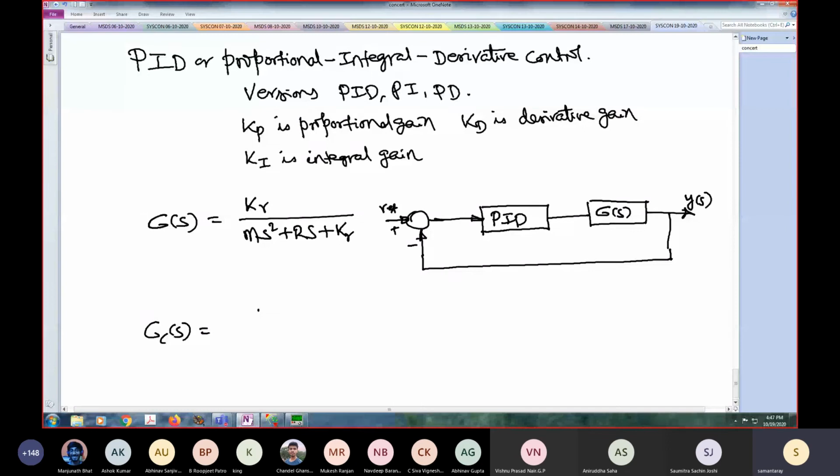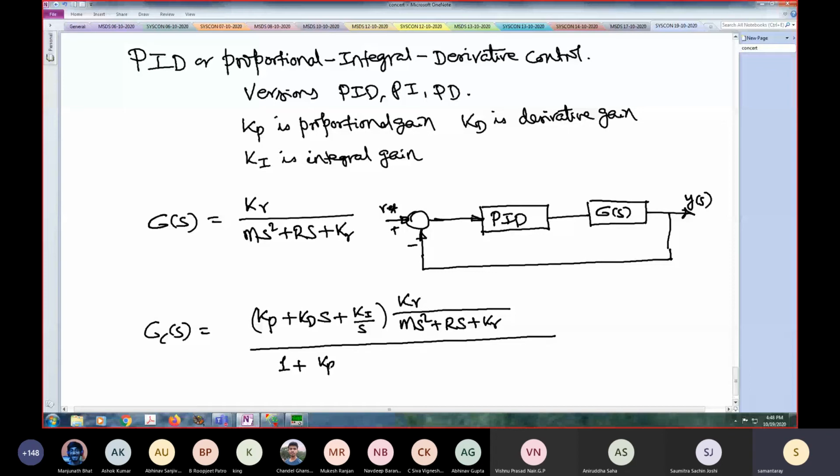PID is Kp plus Kd S plus Ki by S into Kr by Ms square plus Rs plus Kr, divided by 1 plus Kp plus Kd S plus Ki by S into Kr by Ms square plus Rs plus Kr. That is GsHs by 1 plus GsHs.